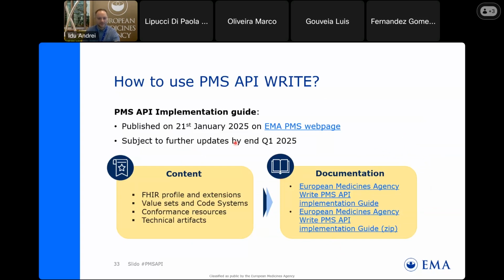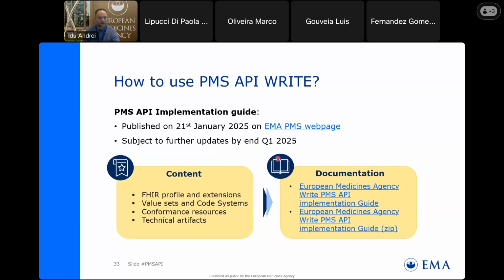Yeah, so again, this slide also recaps what I just said, how to find documentation related to how to understand the technical details of the way we will write data. The implementation guide is still up to be updated, so please check that in the following weeks, months, and we will communicate that as well.